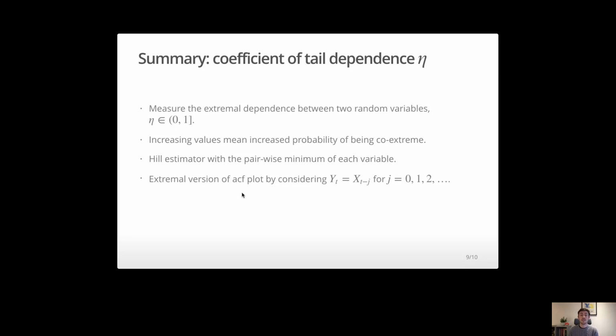We can do exactly the same thing here by setting yt to be equal to the x process at lags of 0, 1, 2, and so on. And for each of those pairs of sequences, consider an estimated value for the coefficient of tail dependence and see how that drops off as our lag increases. That gives us a way of linking back this tail dependence parameter eta to our extremal index that we considered in previous weeks.